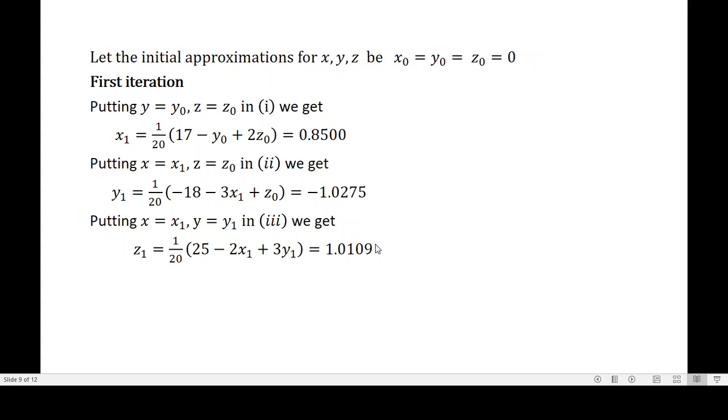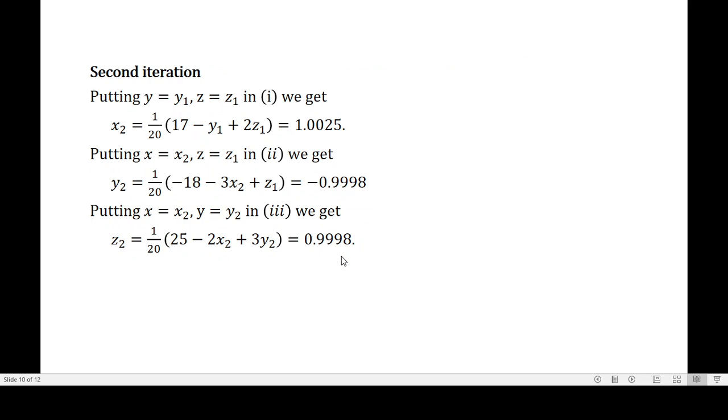Now in the second iteration, we substitute y is equal to y1 and z is equal to z1 in the first equation. So x2 is equal to 1 divided by 20 multiplied by 17 minus y1 plus 2z1, which is equal to 1.0025, right?